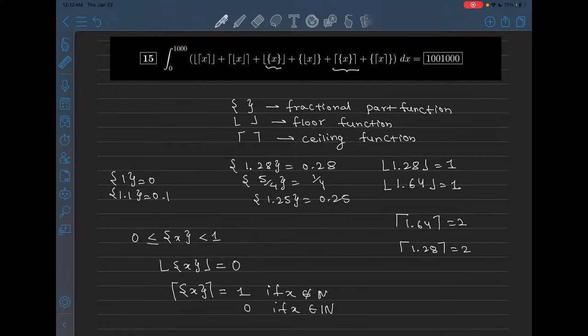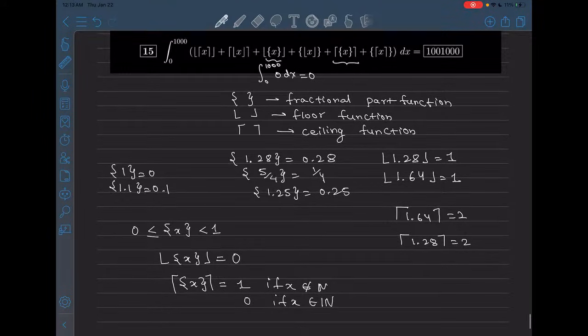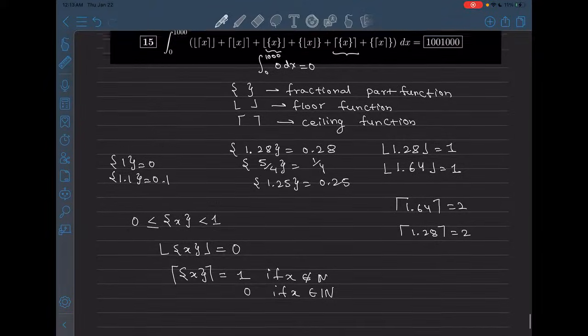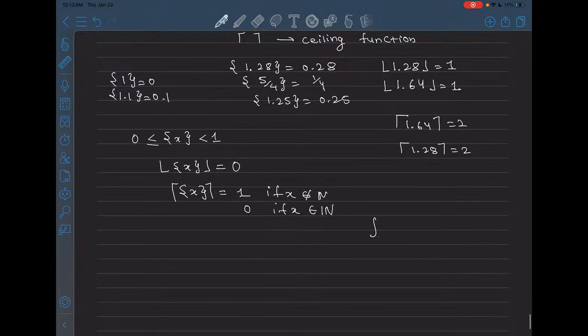So we can easily do these two integrals then. Like this integral from 0 to 1000, and we told that thing is always 0. So 0 dx, that's just 0, right? And for this one, this just goes to 0. Now for this one, 0 to 1000 of ceiling of x.